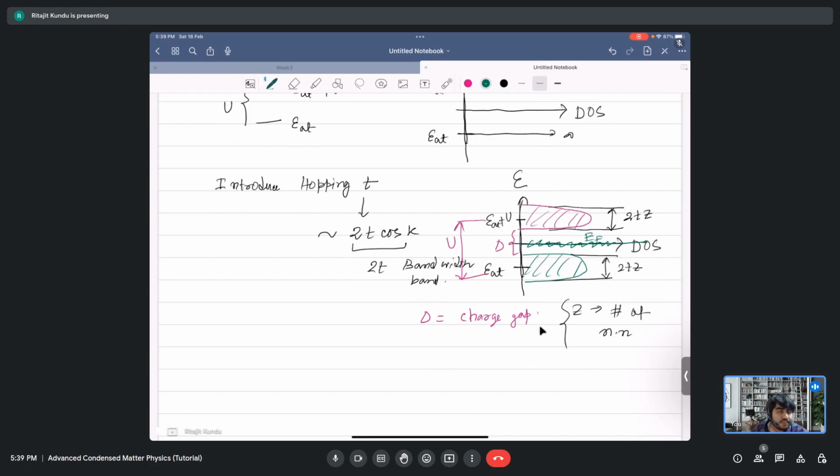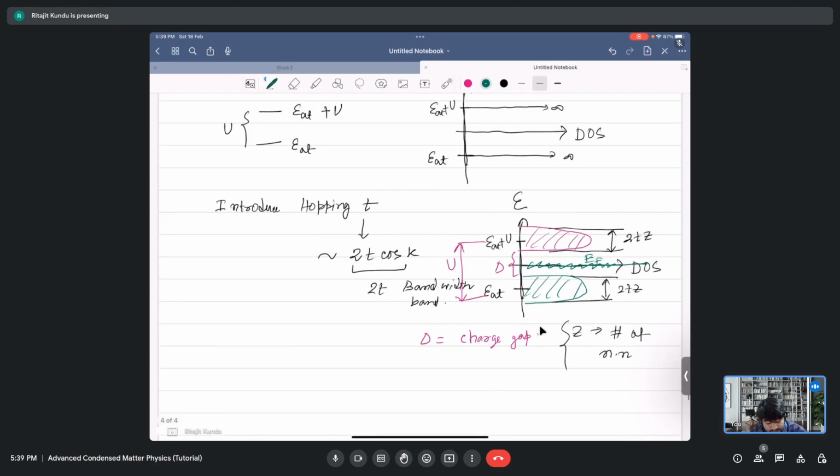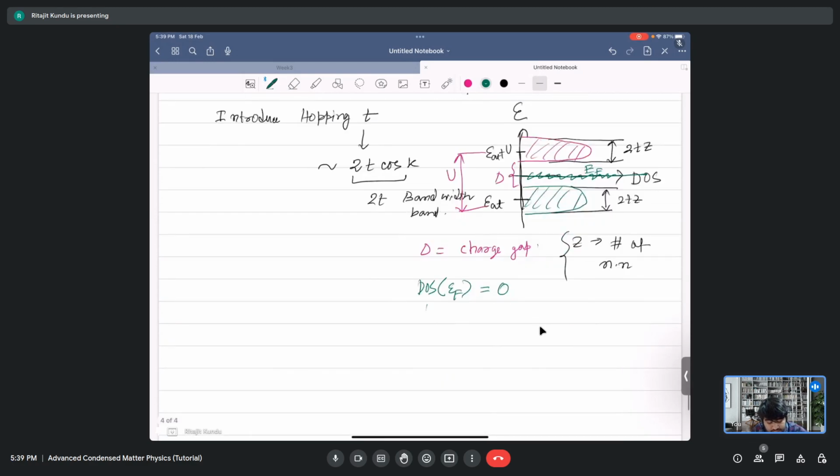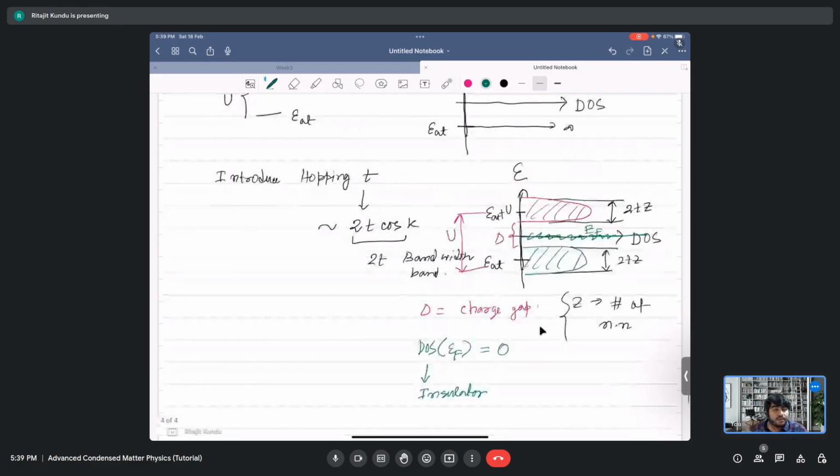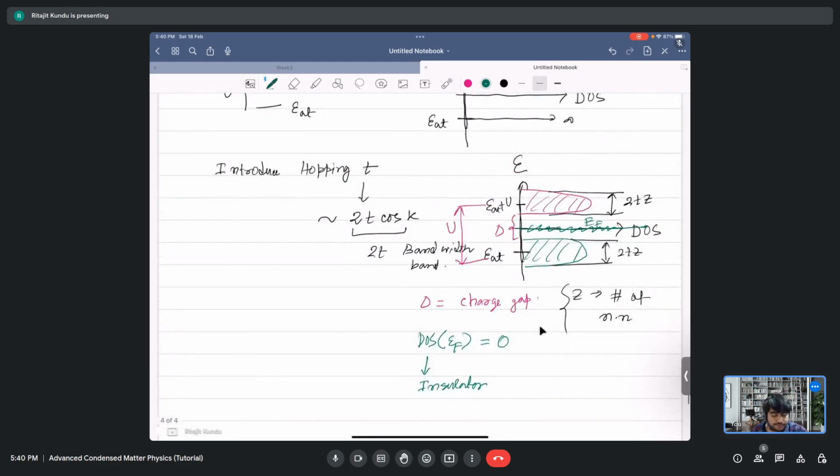There is no Fermi surface yet, so this is the Fermi energy. If I calculate the density of states or occupation at EF, we'll see that this is actually 0. So the density of states at EF is 0, which indicates that this is an insulator, right?